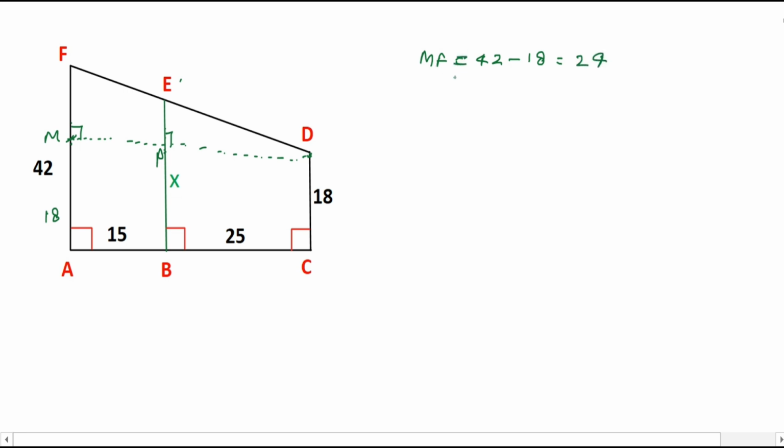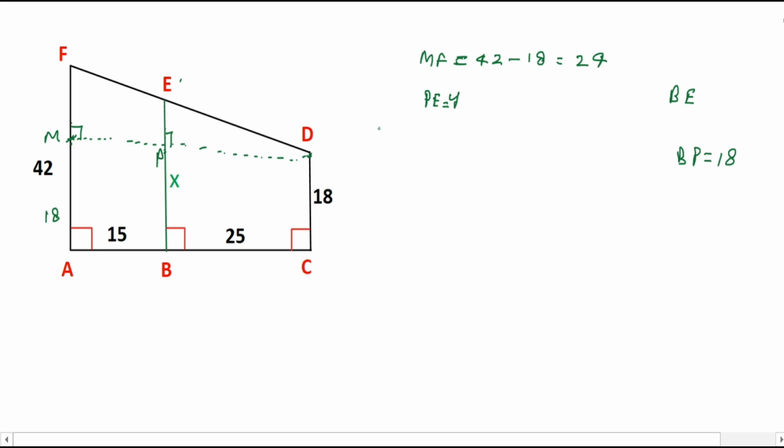So in this manner, we have MF equal to 24 units, and let's call PE as Y units. Here we have to find out the length of BE, and we have assumed PE as Y, and here BP will be 18 units. So here BP is equal to 18 units, and our objective is to find out the value of Y.